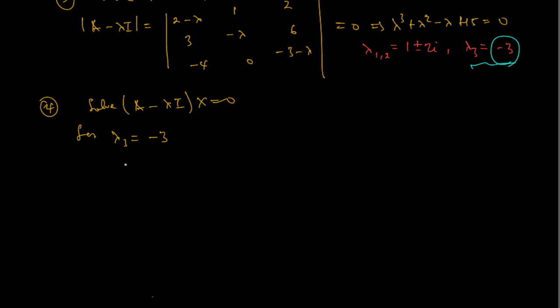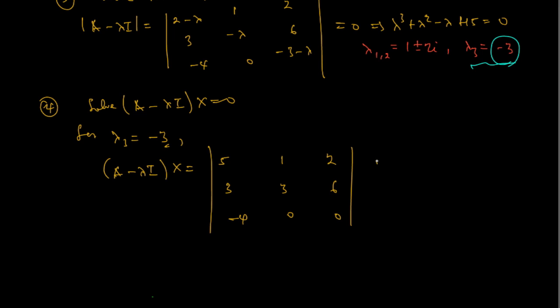So for lambda equals negative 3, my A minus lambda I is just going to give me, wherever we have lambda, we replace it with negative 3. So 2 minus minus 3, that is 5, 1, 2, so the same thing, 3, 3, 6, then the same thing, negative 4, 0, 0.